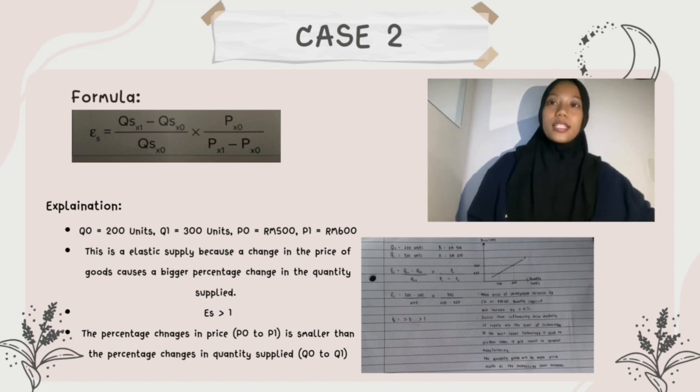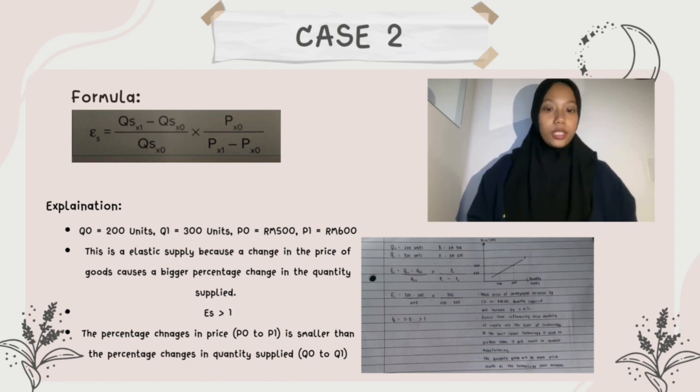In this case, I will be using the formula ES equals QS1 minus QS0 over QS0, times P0 over P1 minus P0. So Q0 equals 200 units, while Q1 equals 300 units.